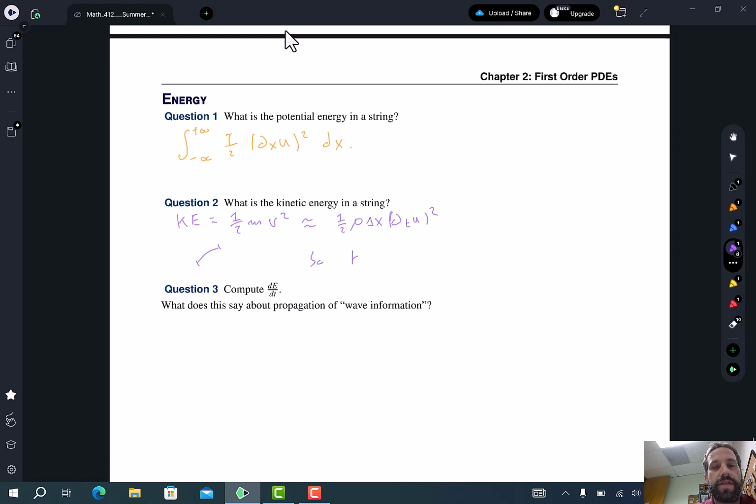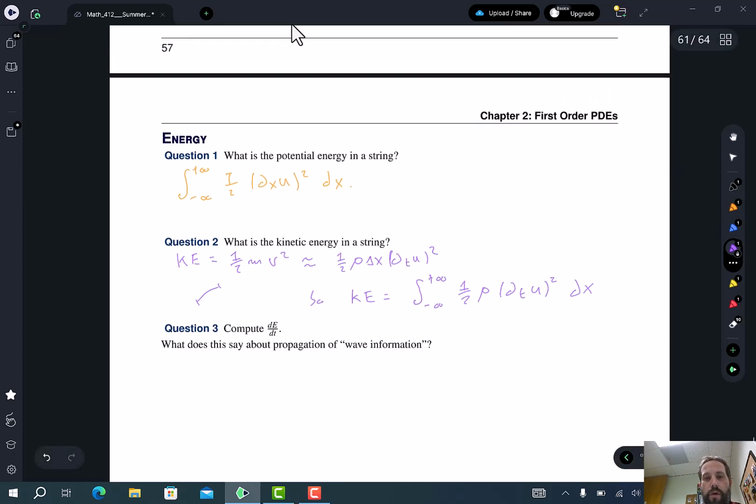This tells me that the kinetic energy of the whole string is going to be the integral from minus infinity to positive infinity of 1/2 rho times the t derivative of u squared dx.